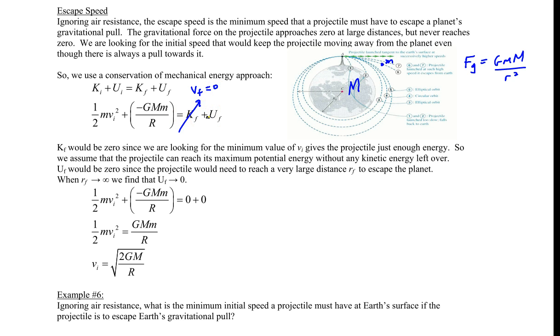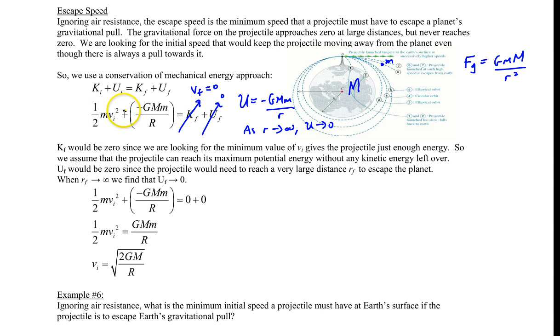Since the potential energy is equal to negative GM all over r, as r approaches infinity, the potential energy will approach 0. Hence this term will also go to 0. So it has no potential energy and no kinetic energy at the final position, so the total energy at infinity is 0. So the total energy at the planet's surface must also be 0.